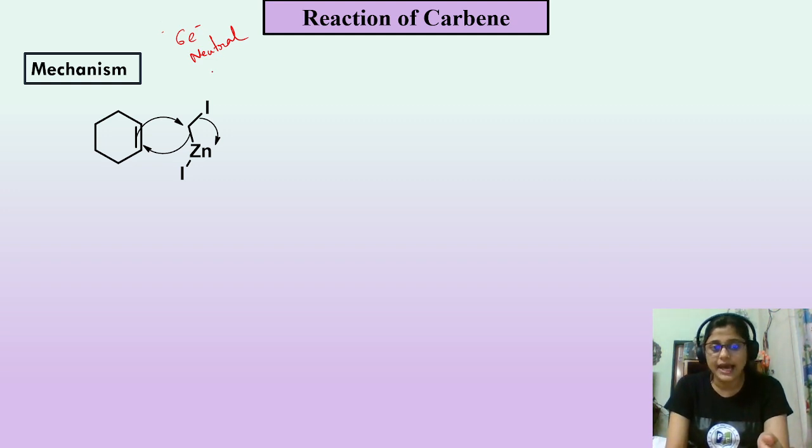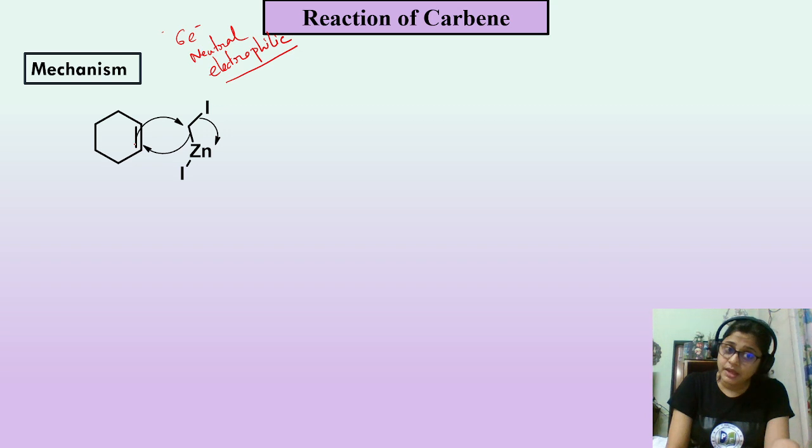That's why it has a tendency for electron acceptance. So it is electrophilic, the tendency to accept electrons, the electrophilic nature is present in the carbon.